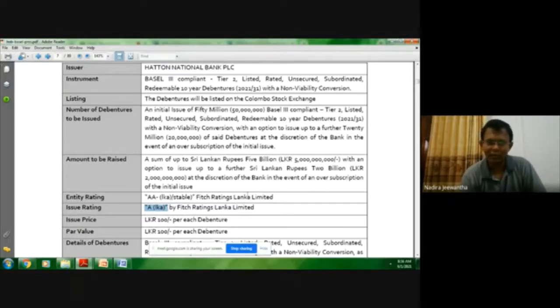Why? You have been given the independent opinion by Fitch Rating. This is the entity, this is the particular issue, this is the particular instrument, the debenture rating. This is the HNB rating, entity rating, and the debenture rating. So that's the pattern. Generally, institutions take particular instrument rating as well.